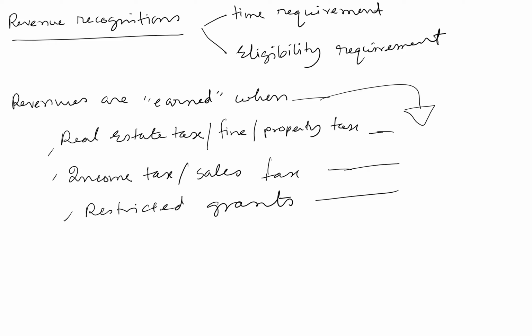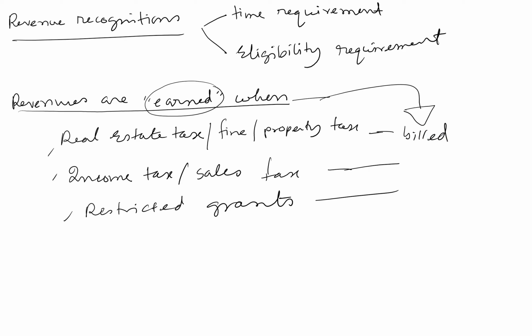Now you also need to take a few notes, because it's a little confusing when revenues are earned. We just discussed different types of non-exchange transactions and revenues. Please take note: for real estate tax, fines and property, revenue is earned when billed, so you record the revenues when those are billed.